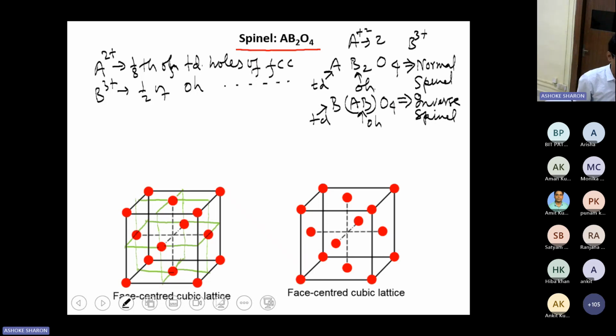That is basically a sodium chloride type of structure, where each of the lattice points is occupied by sodium, and these intermediate points are occupied by the chlorides.